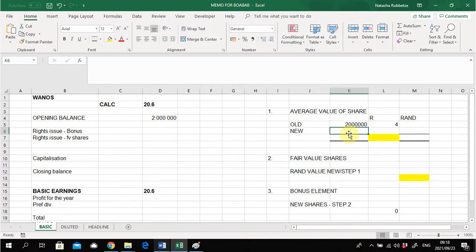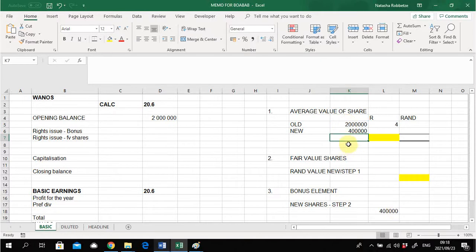Then the new shares, if we look at the rights issue, they say 1 ordinary share for every 5 ordinary shares held. So here we're going to say, what do they already hold? 2 million. And we get 1 for every 5. So for every 5 we get another 1.